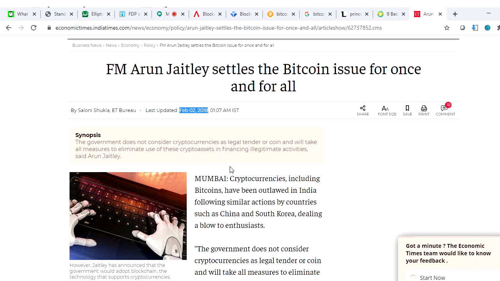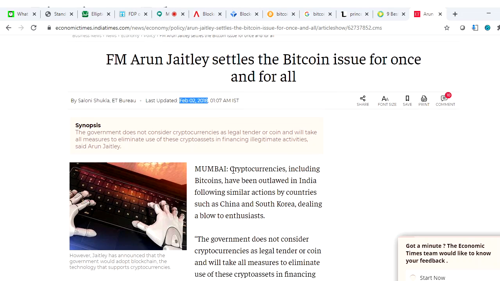For that reason they clearly mentioned that it is not a legal tender in India.